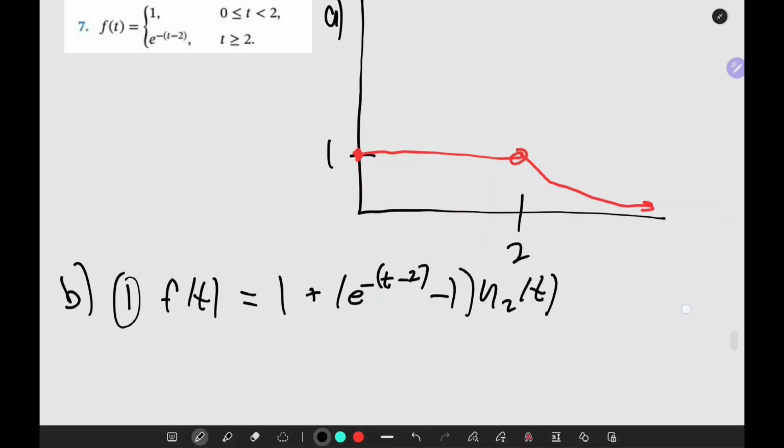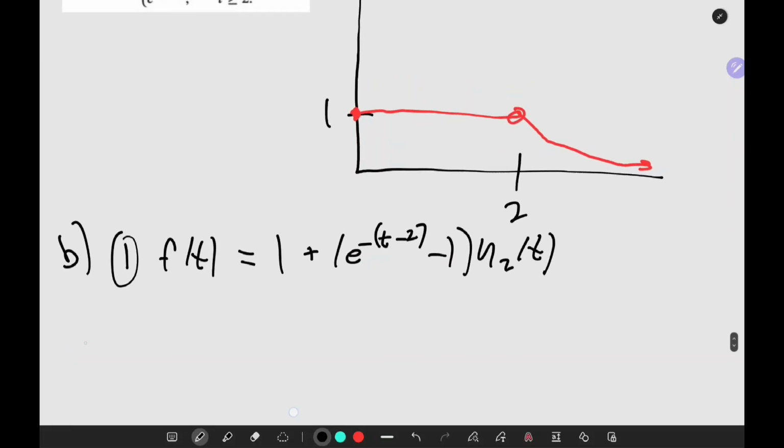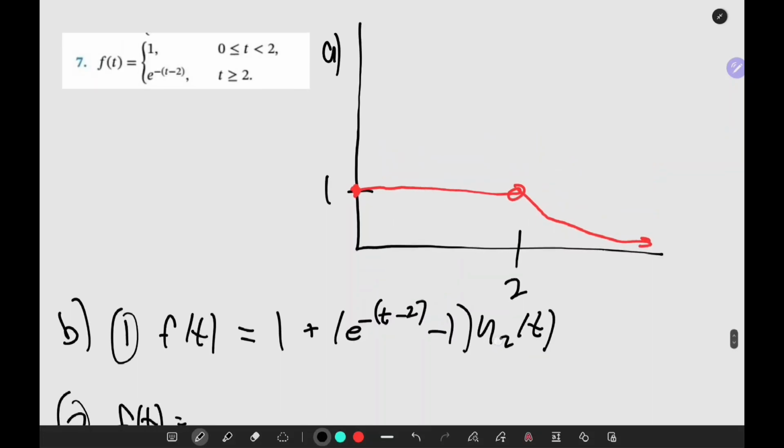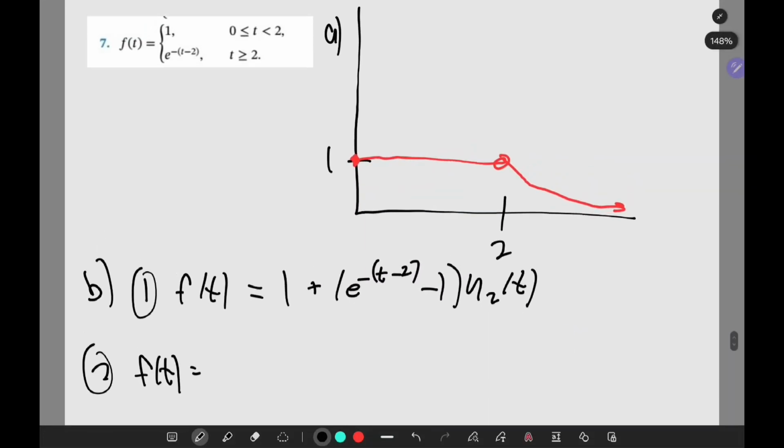But anyways, the second method, f of t, if we look at this, we have 1 of u sub 0, that's 1, plus 1 of, minus, flip the sign, of u sub 2.